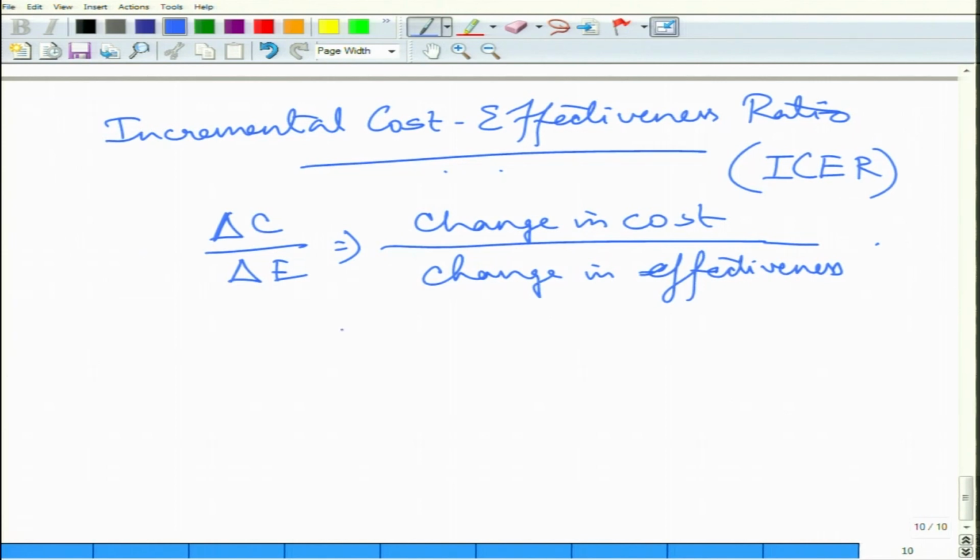Based on this ratio, I will set my decision rules, whether I consider a particular improvement or change to get one unit more effectiveness. If my cost increases by, say, 5 rupees, I say, maybe it's not that much, so I can continue.